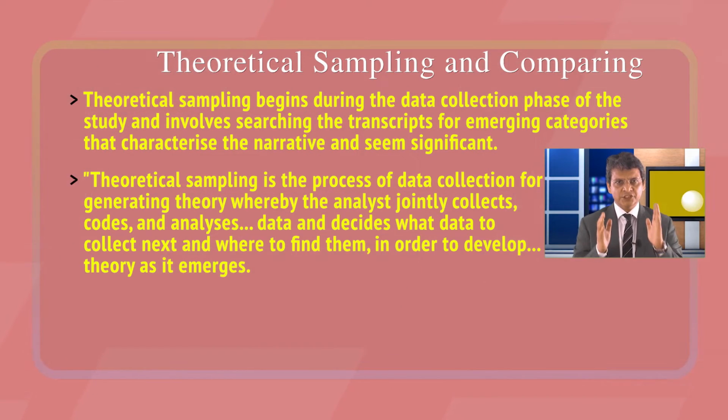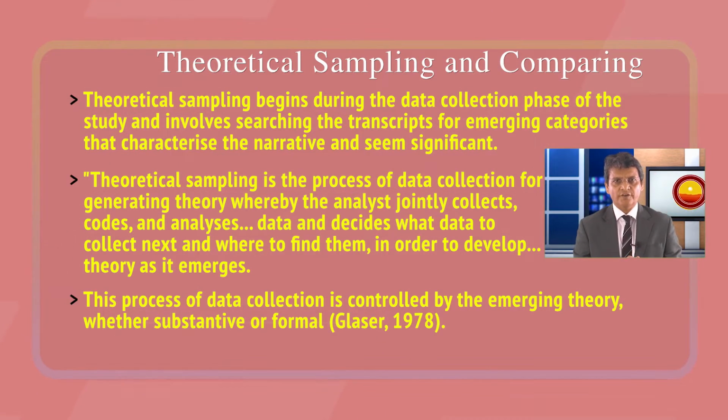Theoretical sampling is the process of data collection for generating theory whereby the analyst jointly collects, codes, and analyzes data and decides what data to collect next and where to find them in order to develop theory as it emerges.